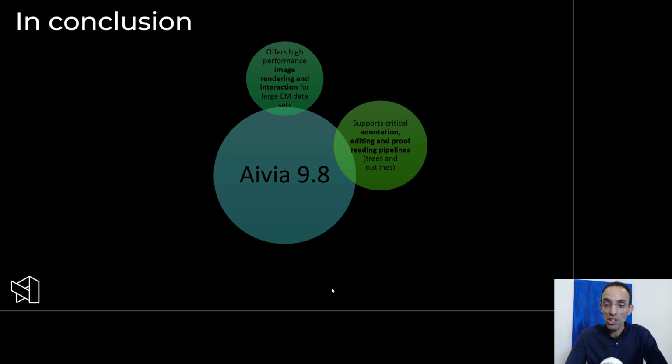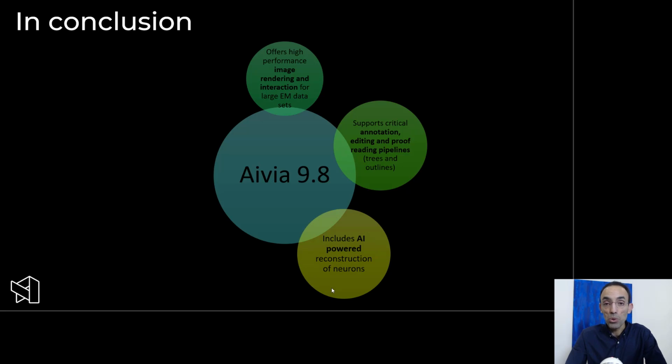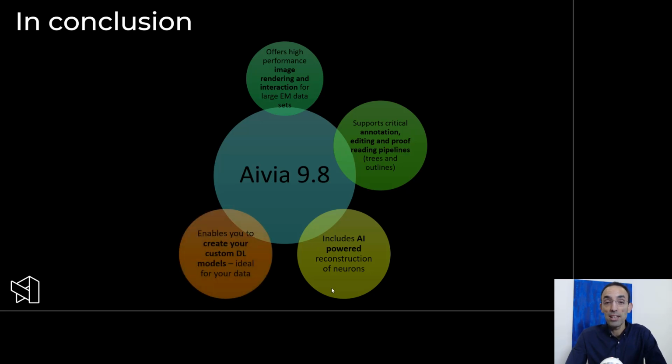Also, it supports annotations, editing, and proofreading, both of outlines and of the trees themselves, including the hierarchy and all the branching points, and all of this that you saw also in the demonstration. It includes a wide range of AI-powered tools, some of them automatic, some of them for the semi-automatic detection of neurons. And it also enables you to customize your own deep learning models using Aivia Cloud.